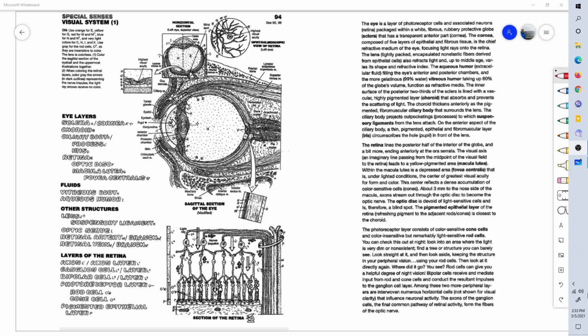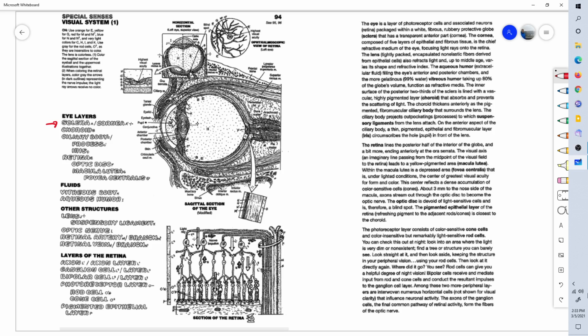The special senses, the visual system. Let's start out by talking about the layers of the eye, starting with the sclera.